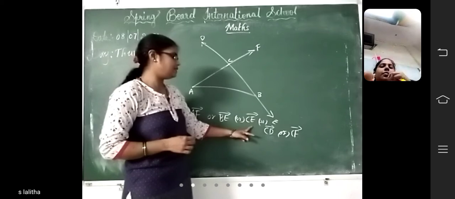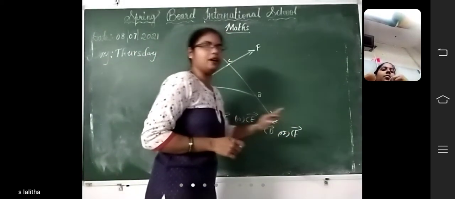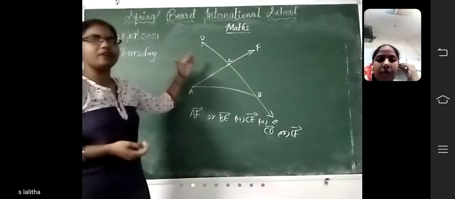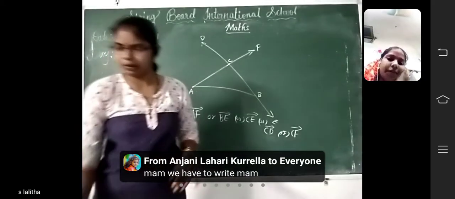A, F, D, E, C, E, C, D, C, F. You can write any one ray in the first blank, children.